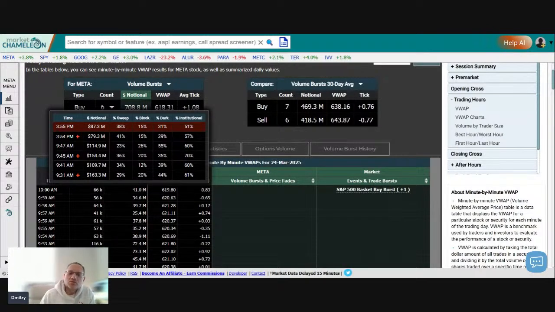Okay. Sweep trades, a large percentage of sweeps would indicate that it was very aggressive buying, meaning that the order types were bypassing the Reg NMS rules, meaning that it didn't require you to go to the exchange that shows the best price first. It was accessing the largest liquidity. So it was going simultaneously to all the exchanges that were showing liquidity.